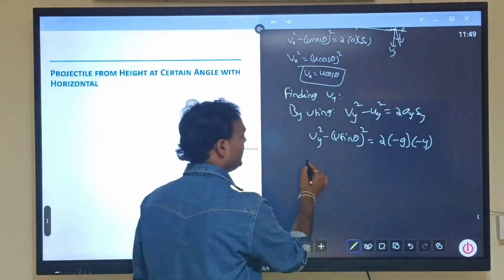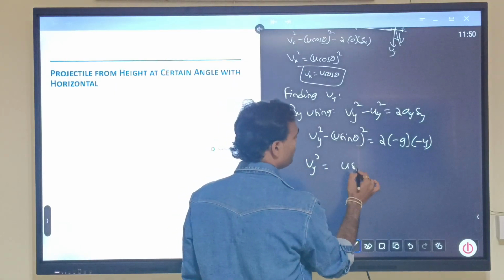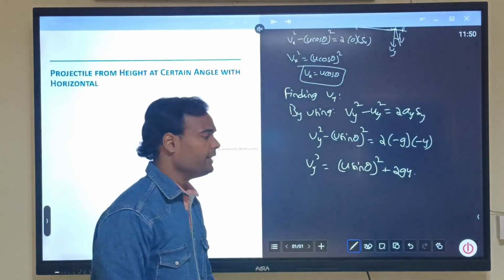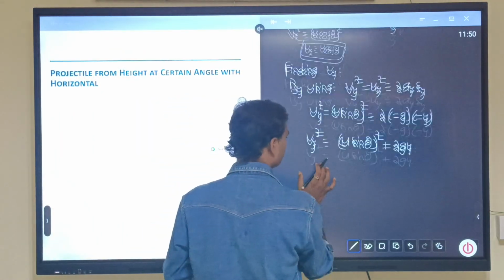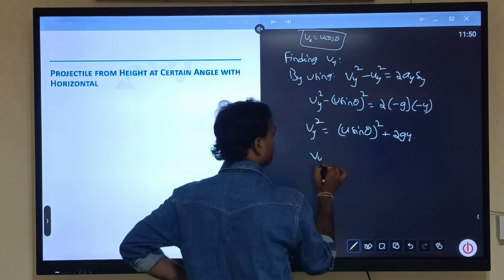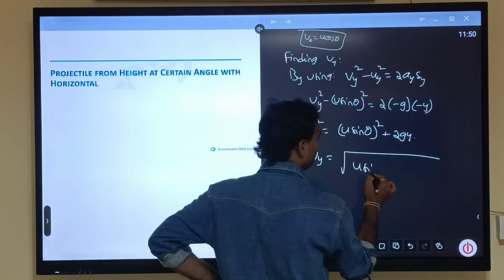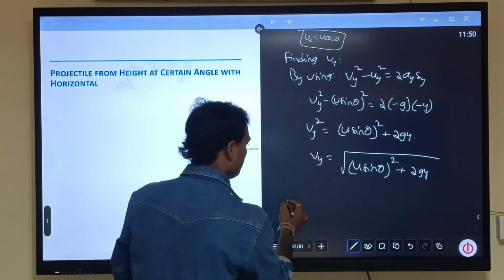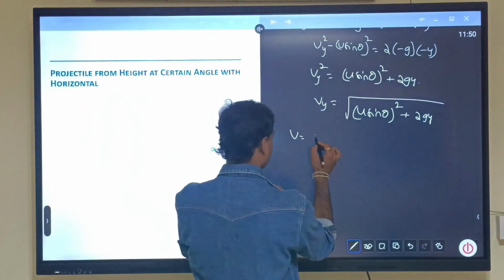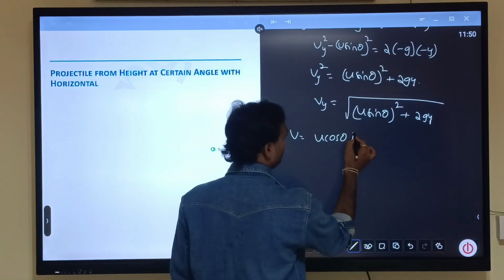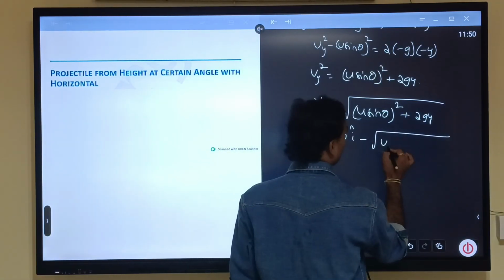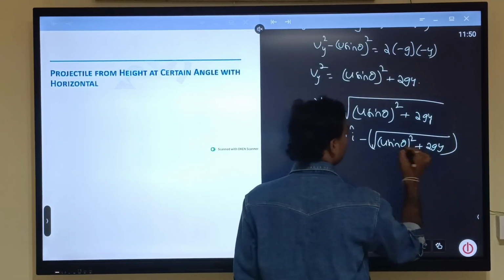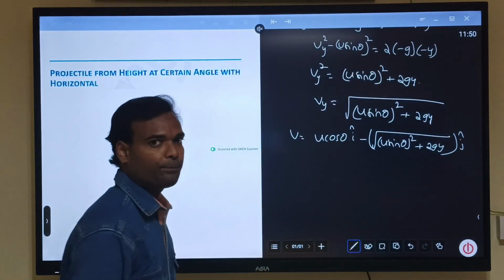Then Vy square equals u sin theta square plus 2gy, so Vy equals the square root of u sin theta square plus 2gy. Now the velocity vector becomes u cos theta i minus the square root of u sin theta square plus 2gy j. Clear?